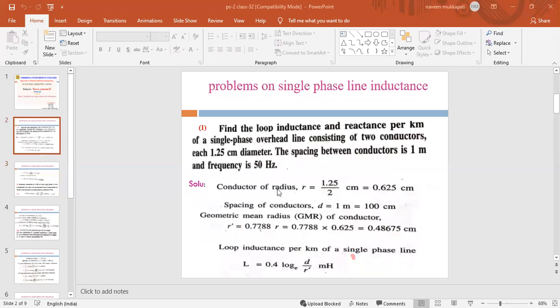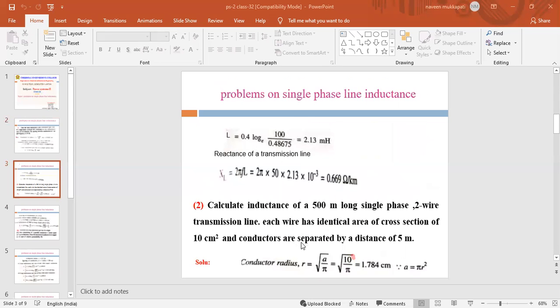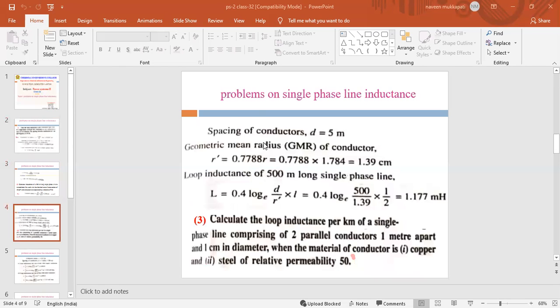In the previous problem the diameter D is given. But in the present problem there is no diameter; instead of diameter we have the area. By using that area we calculate the radius R of the conductor.